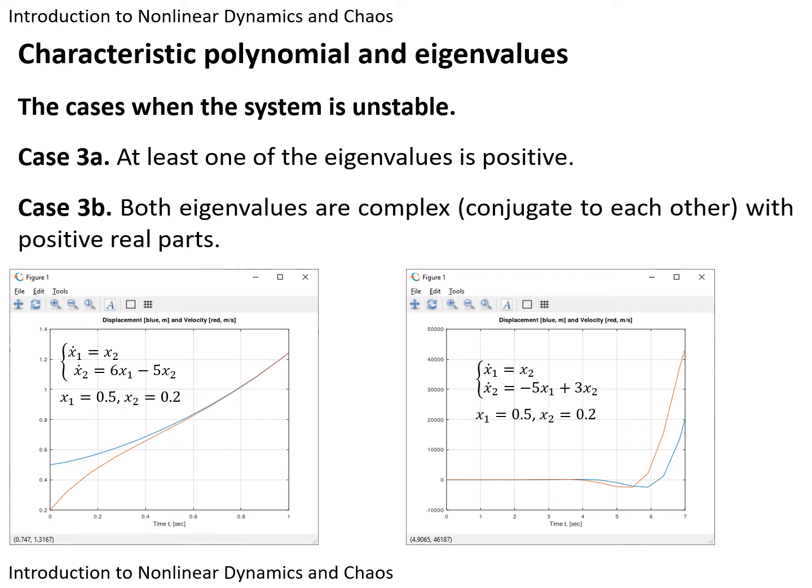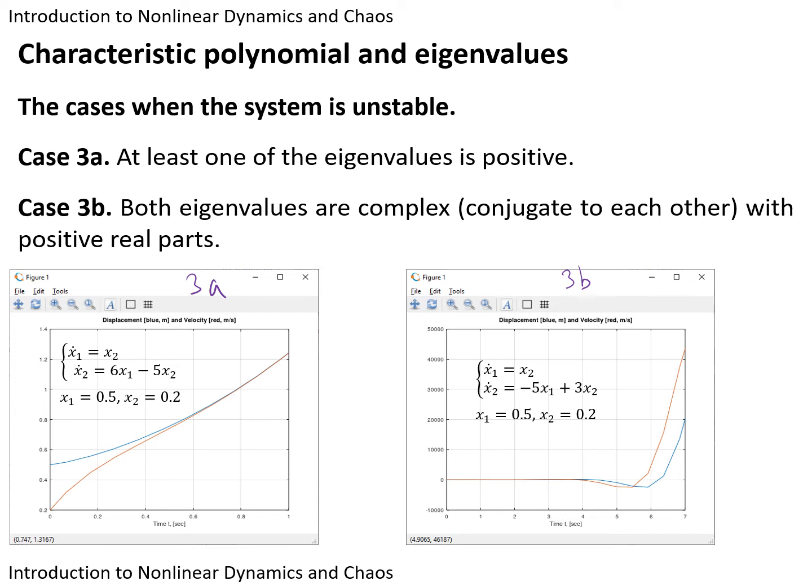And then the last case, when system is unstable. Here we see the diagrams. Case 3a, when one eigenvalue is positive real number and case 3b, when we have both eigenvalues with positive real parts.